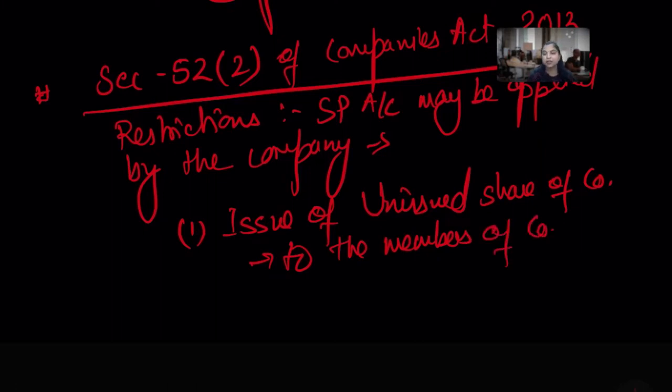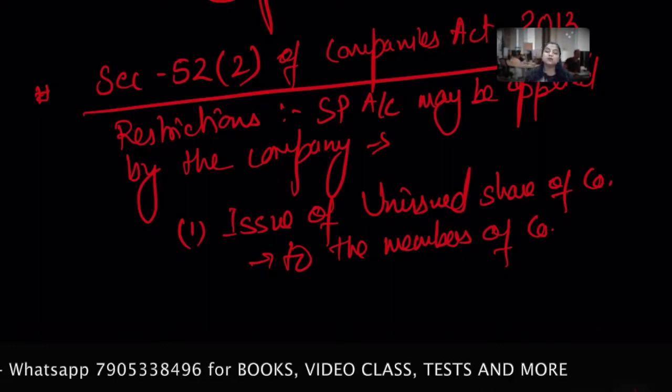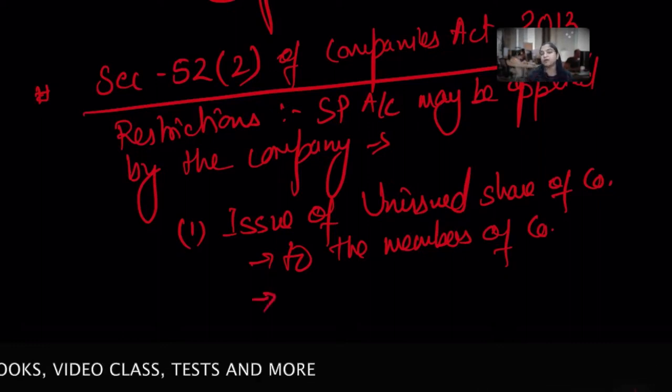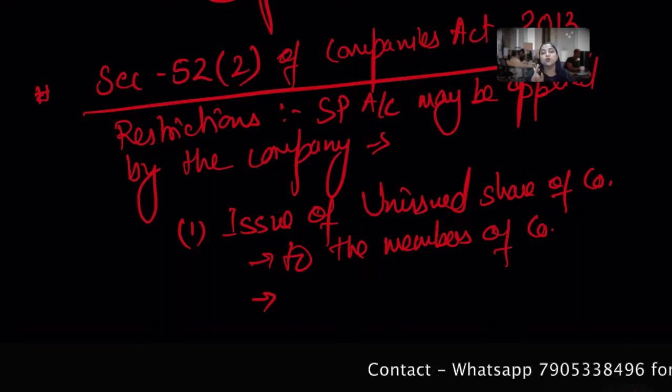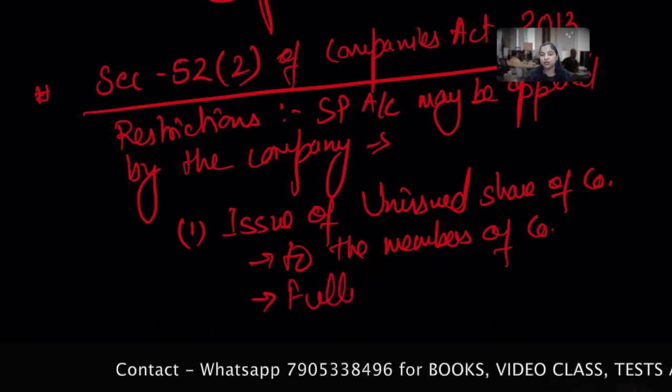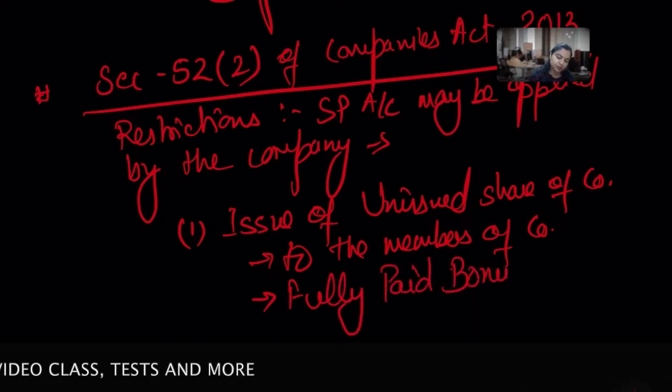CO is the company, I'm writing a shortcut. How? As fully paid bonus shares. Point to be noted: fully paid, because while doing bonus shares you have to recapitulate this. Securities premium can be used to issue fully paid bonus shares.